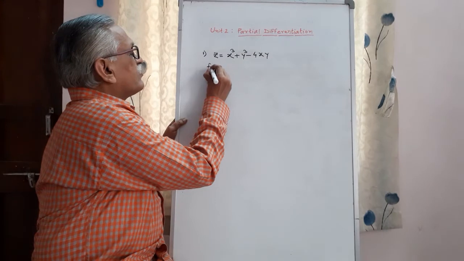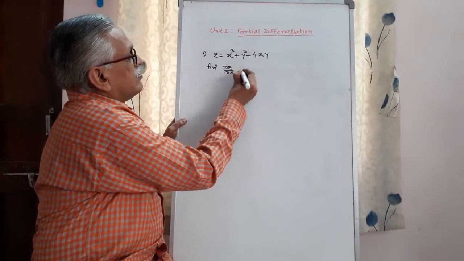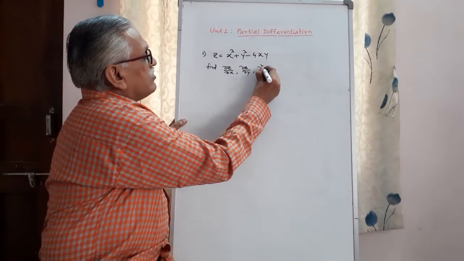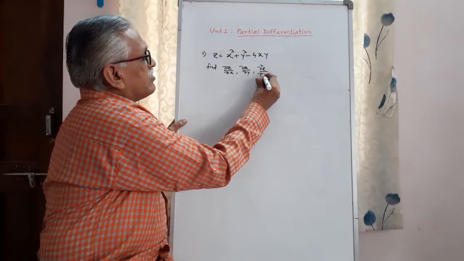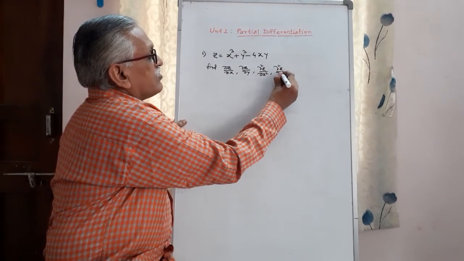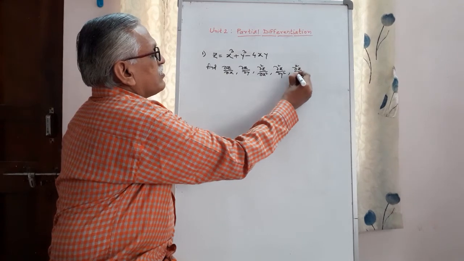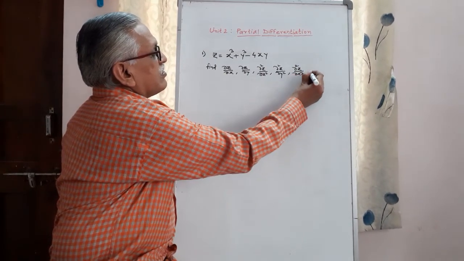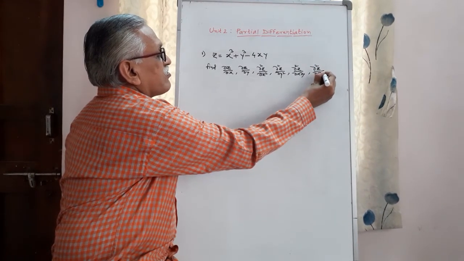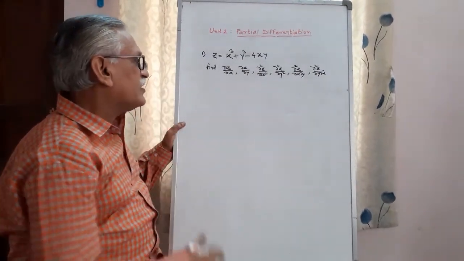Then the question is, find dou z by dou x, find dou z by dou y, find dou 2z by dou x square, find dou 2z by dou y square, find dou 2z by dou x dou y, and dou 2z by dou y dou x. Total 6 derivatives we are required to obtain.